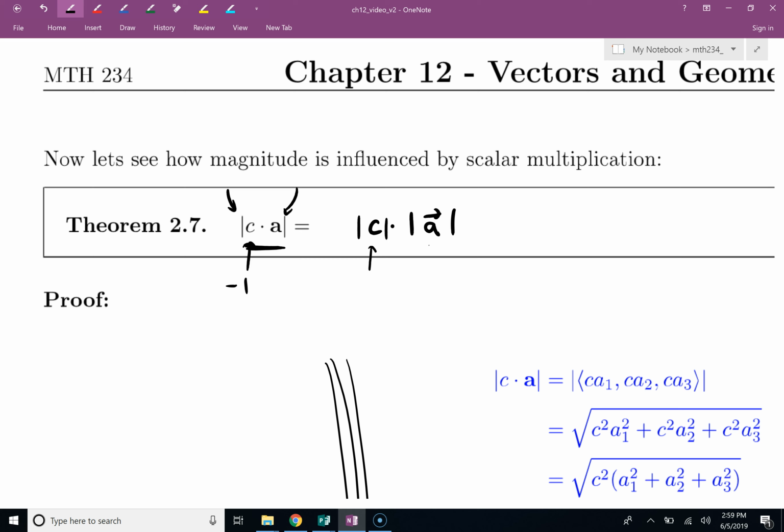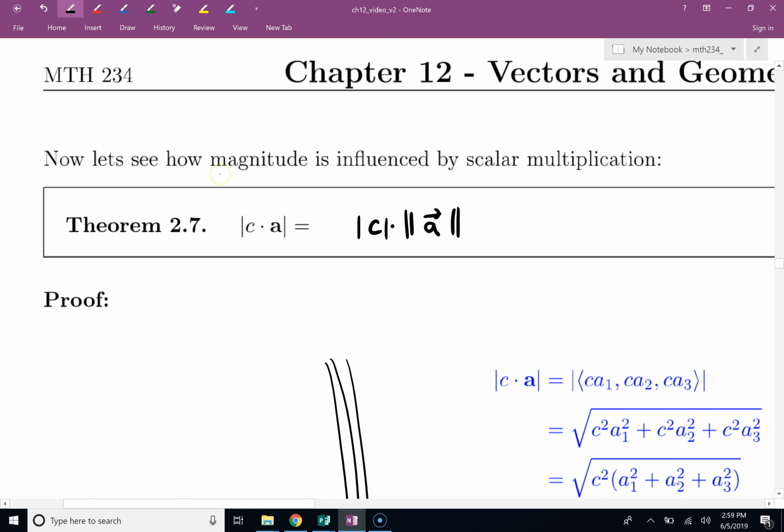Remember when we were talking about the length in the first video, we said that there are actually two different notations for this. You can also use these double bars right here. And this becomes very useful where you have equations that deal with absolute values and with magnitudes of vectors. So I would probably write it like this.